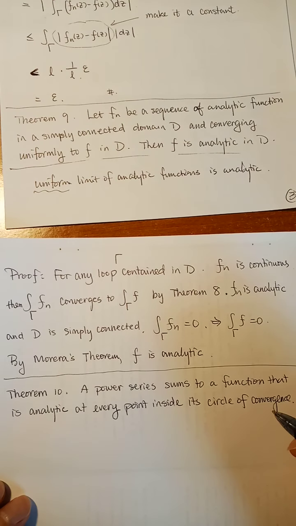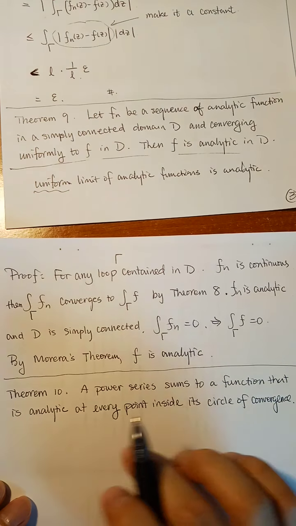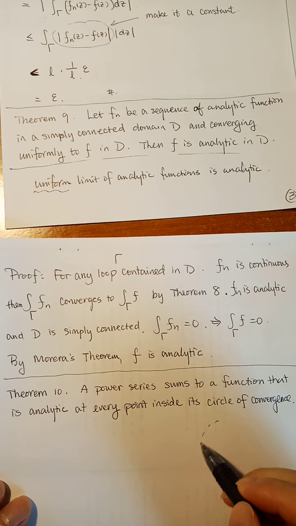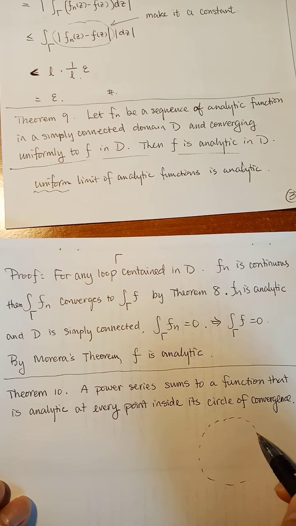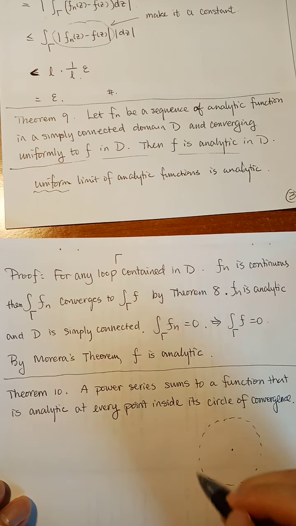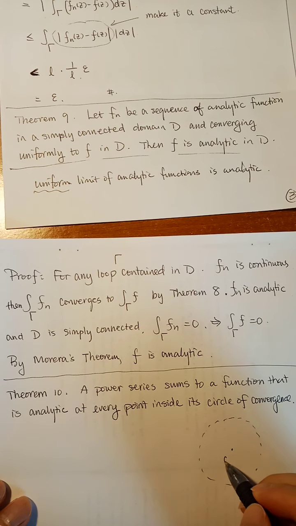Why do we have this theorem 10? First of all, you have a circle. Remember what a circle of convergence is. Inside it converges, outside it diverges. Along the circle, some points converge, some points diverge.